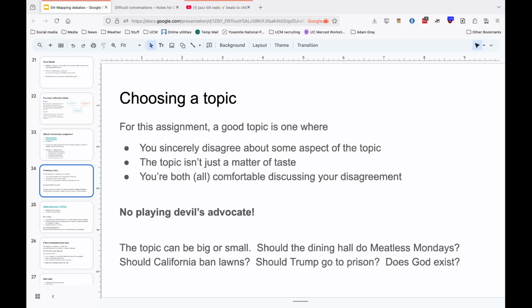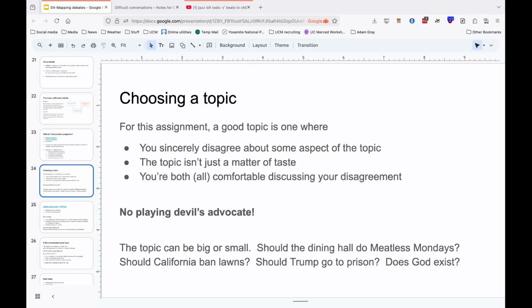They're not really things where we can give good reasons to justify why we prefer, say, Taylor Swift to Beyonce, or vice versa. Those topics aren't good for this activity because you can't really get into exchanging reasons, arguments, objections, and replies. So avoid those kinds of topics. So sincere disagreement, not just a matter of taste.